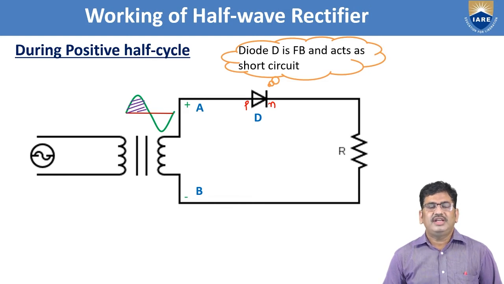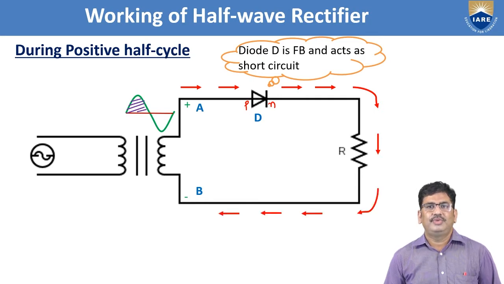When the diode is a short circuit, it forms a closed loop from node A through the diode and resistance to node B, and again through the transformer to node A. As it forms a closed loop, we can expect some amount of current flowing through the circuit starting from node A, then through diode D, then through the load resistance R, and then sinking at node B. Now, the voltage which you apply at the secondary winding of the transformer is the input for the half-wave rectifier.